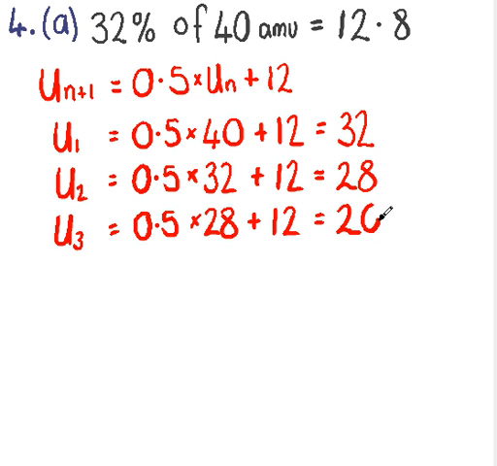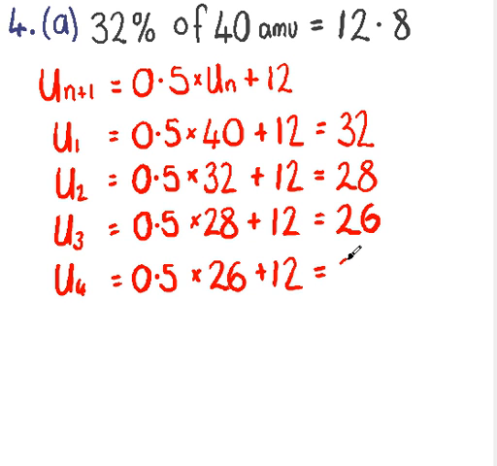So we can see our mass is falling: 40, 32, 28, 26, seems to be slowing down. U4 is 0.5 times 26, add 12, that gives us 25. So it's continuing to slow down each time.